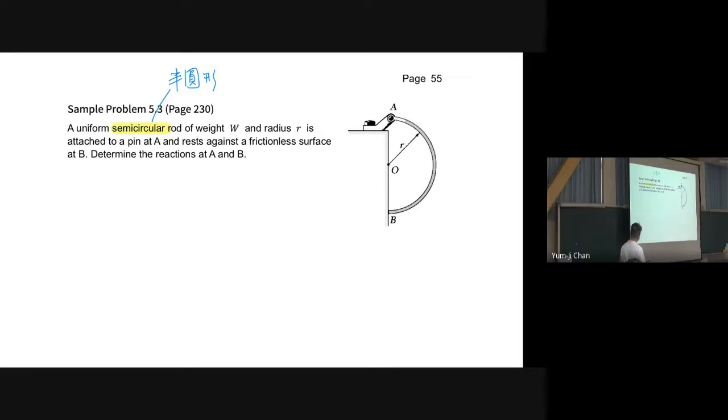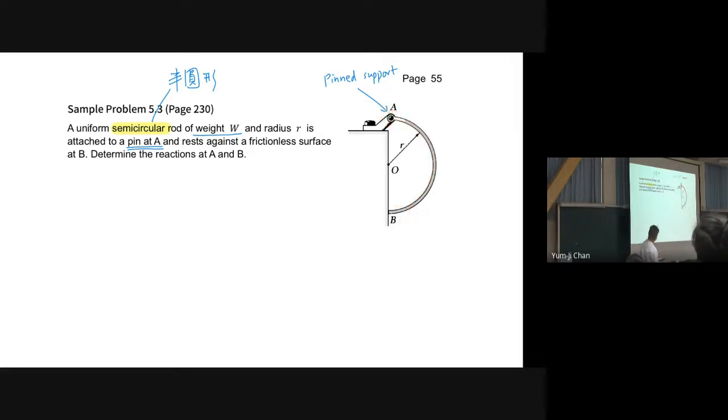So the problem tells you that this is a pin support, and it has a weight of W. As you can imagine, it wants to go down, but because we have a pin support at A, the whole thing cannot go down.